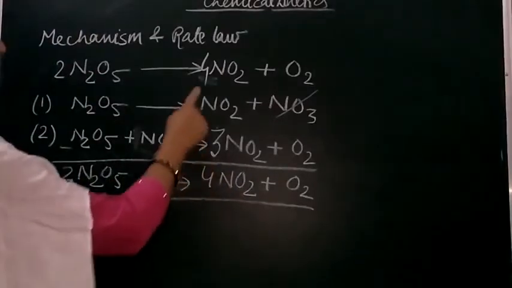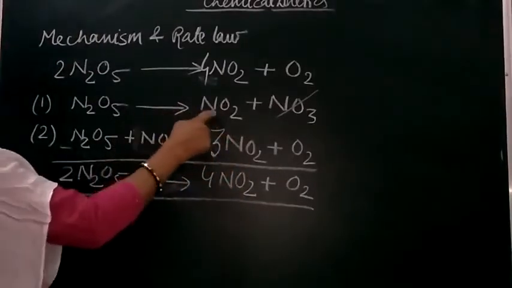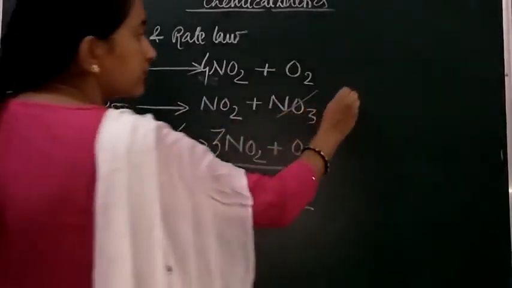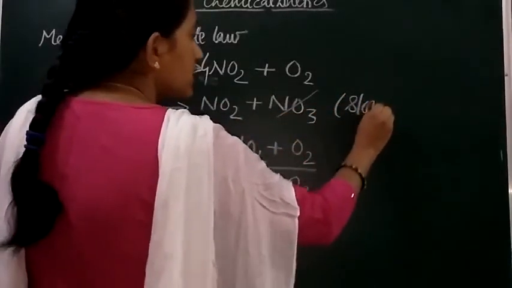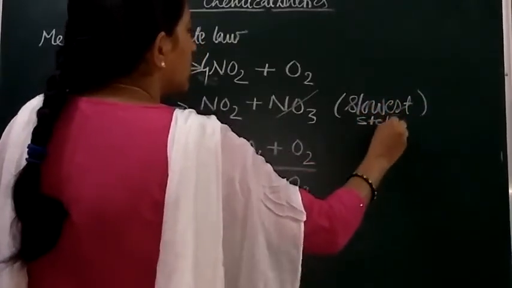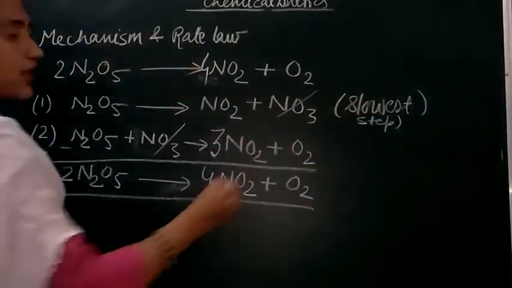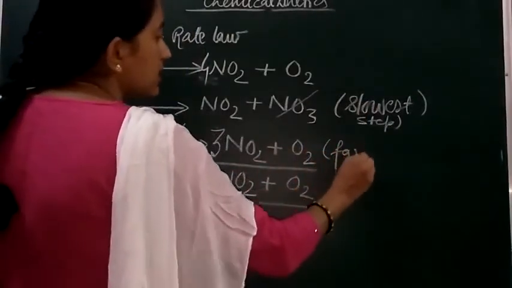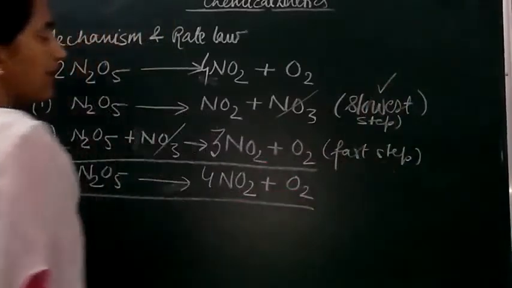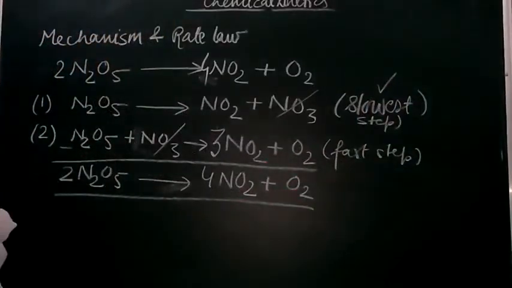Now students, in this reaction each step is an elementary reaction, and here the first step is the slowest step and it is termed the rate determining step. This is the fast step and this is the slowest step, and this is going to be the rate determining step.